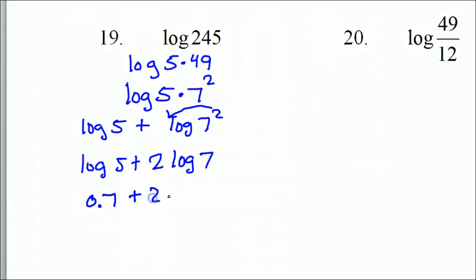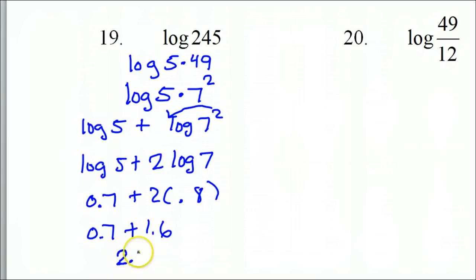We could put this in a bootleg calculator and figure it out. So we have 0.7 plus 1.6, and that is 2.3. So that's the final answer for number 19.